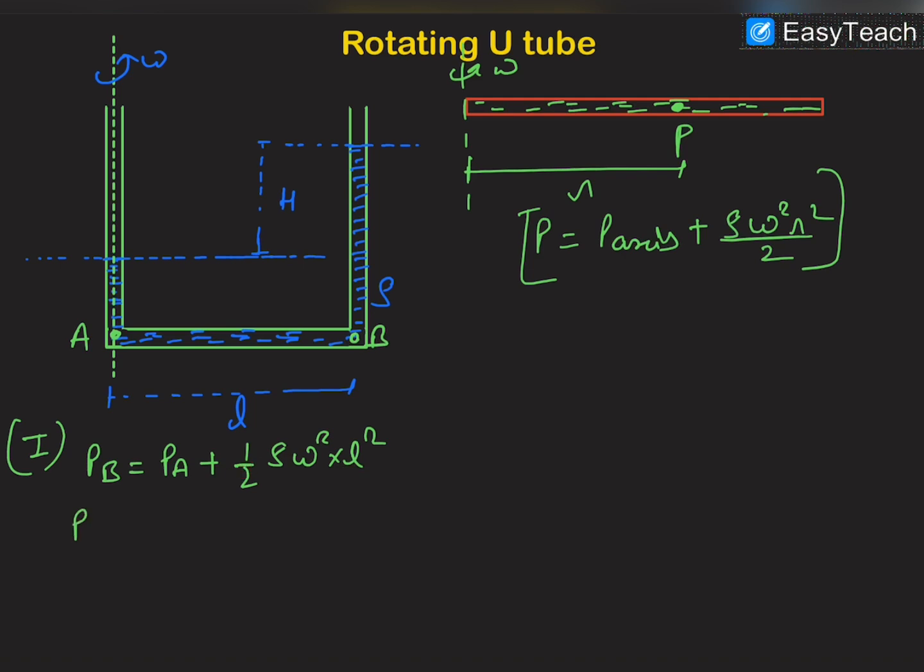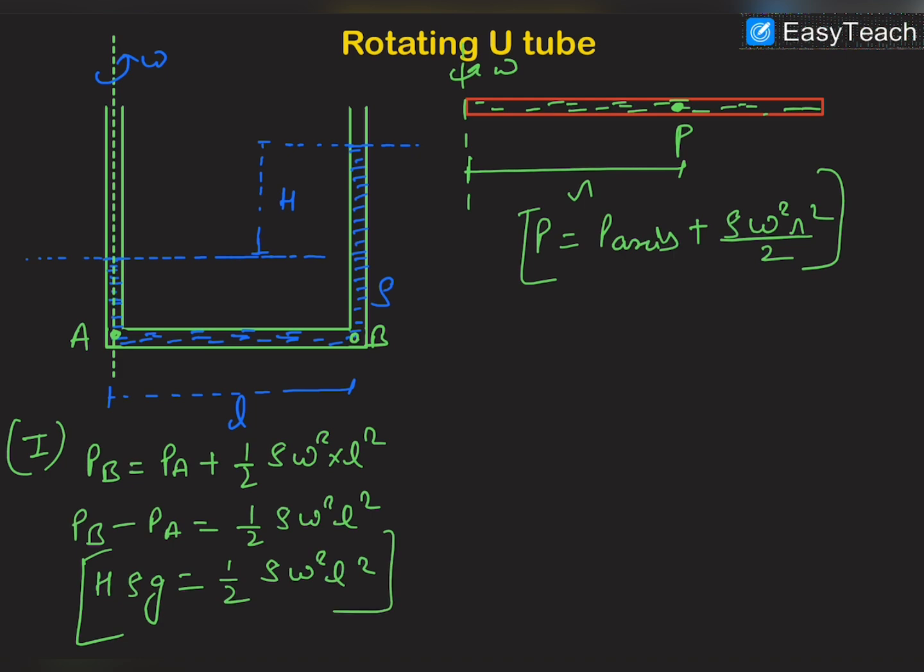So PB minus PA will be equal to half rho omega square L square. And obviously PB minus PA will be equal to H rho G. So H rho G is equal to half rho omega square L square. And H is equal to, cancelling rho with rho, omega square L square by 2G.